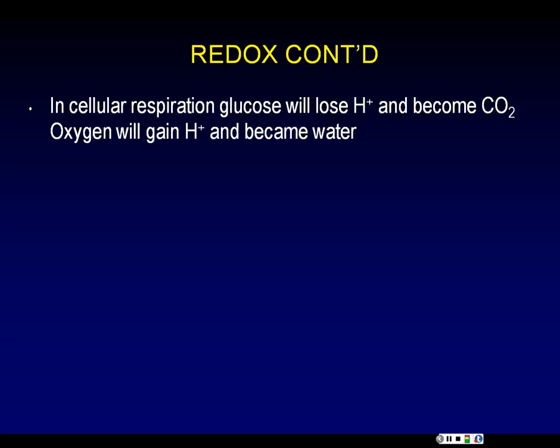In a little bit, we're going to look at the opposite. Photosynthesis is basically the opposite of cellular respiration. What's going to happen to carbon dioxide? Good. It's going to gain electrons and hydrogen ions and become glucose. So this is reduction.